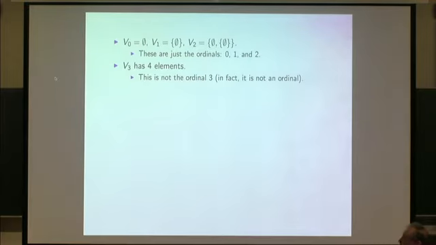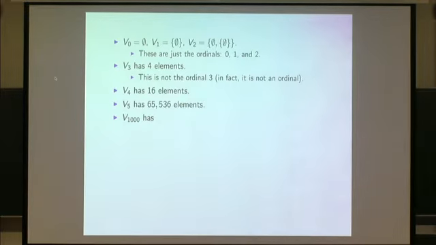It's not the ordinal 3, and it's not an ordinal. All right, so it's a little more complicated. V4 has 16 elements. Okay, don't panic. V5 has 65,536 elements. Now start panicking.